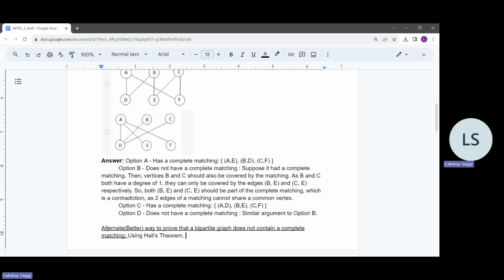Basically, should I describe? I guess I should not, because if you go through Hall's theorem in the lectures, then it would have been clear anyway why this set of B comma C will form what is called a Hall set, and that's how we can say that this graph won't have a perfect matching.